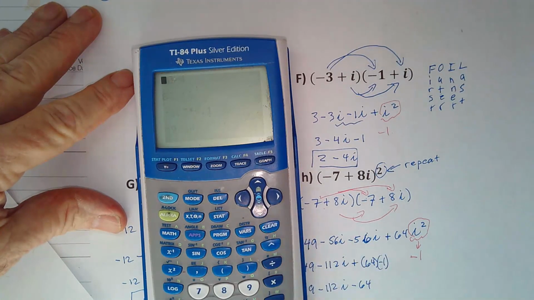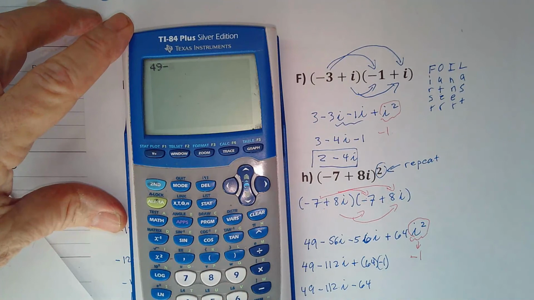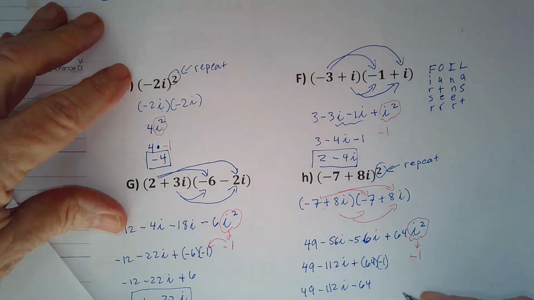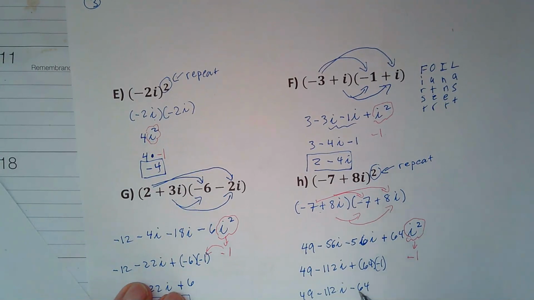Let's clear that. 49 minus 64 is negative 15. So I have negative 15 minus 112i. And that is my answer.